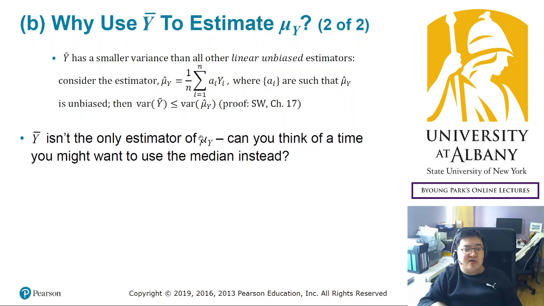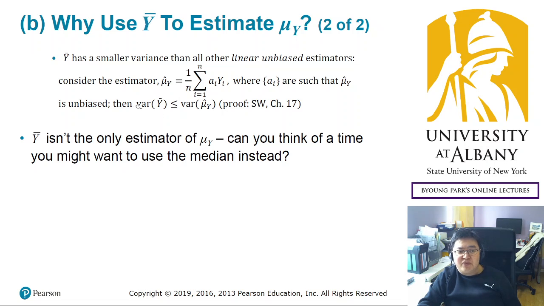As a result, you can say that y bar has a smaller variance than any other unbiased estimators. For example, think about any other weighted averages. Any other weighted average means you are not simply summing and dividing by n, but you put some kind of weights. I don't know what these weights are, but it doesn't matter. No matter what weights you use, your estimator will be worse than y bar in terms of variance.